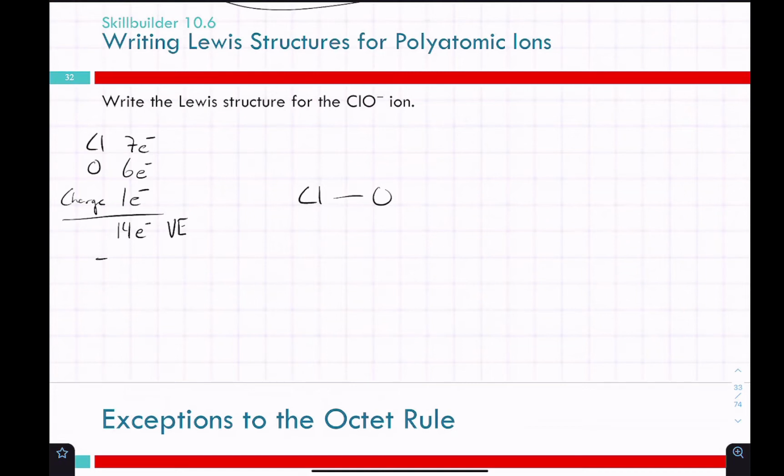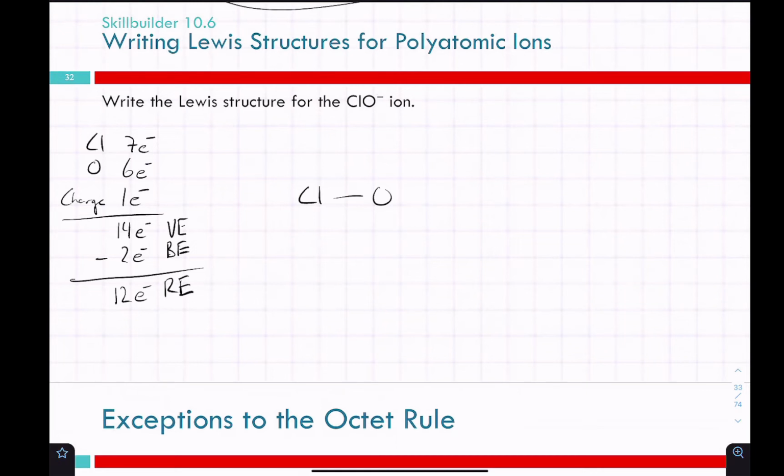Because we have just one bond, and every bond is made up of 2 electrons, we subtract 2 electrons. And on the Lewis structure worksheet, that's BE, bonding electrons. Can we just do 3 bonds right off the bat, since it's going to be 14 that we're using? Well, we're going to have 12 remaining electrons. So that's the RE.